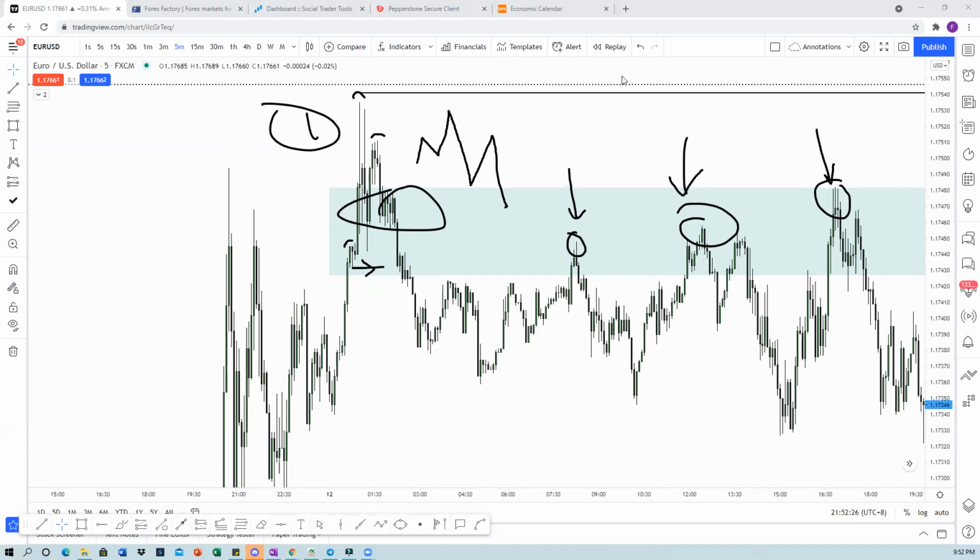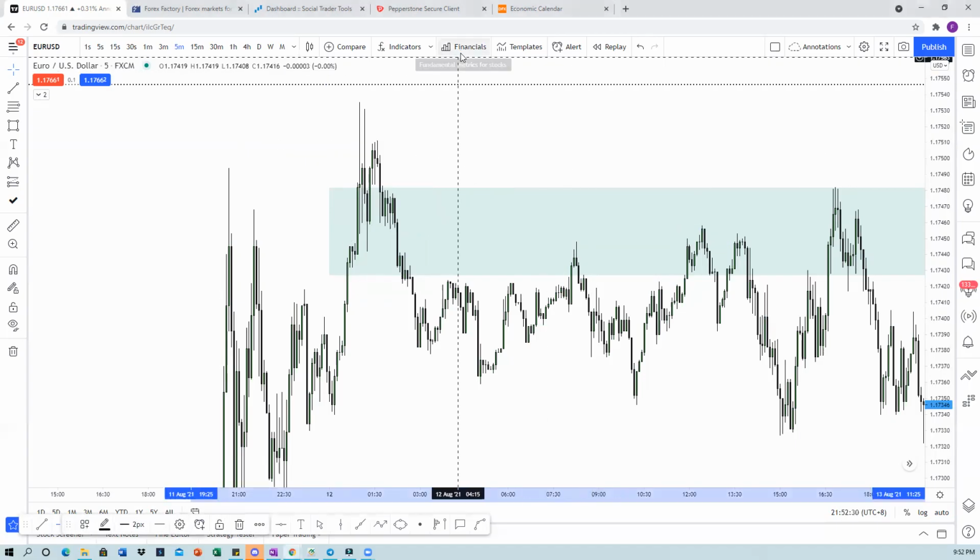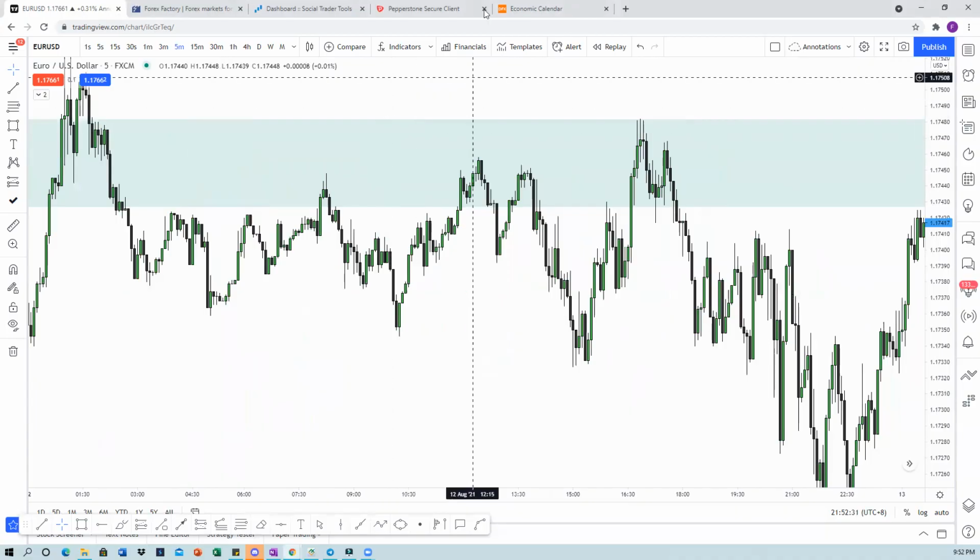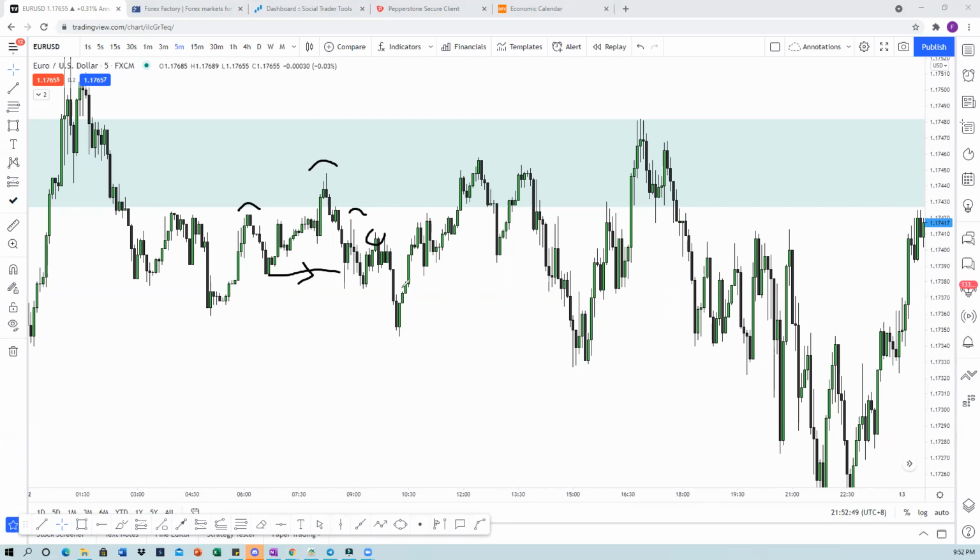So this is only one spot, right? But if you look at this here, you had 1, 2, 3. Price comes up near the third point and sells off. You have a sell there, right?